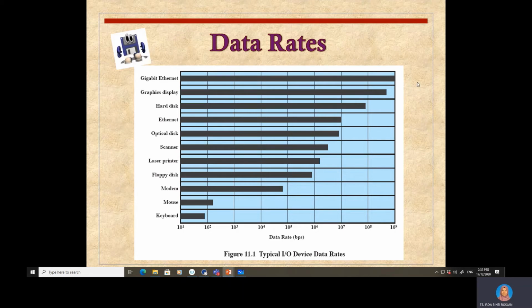This is followed by graphics display and hard disk, Ethernet, optical disc, and you can see at the bottom part, mouse and keyboard require a very small data rate. So you can see here the data rate is very different from one to another.